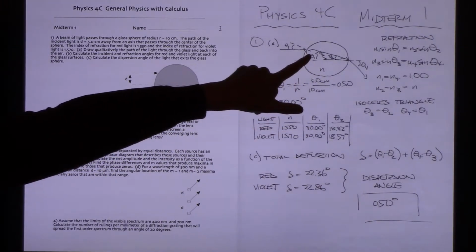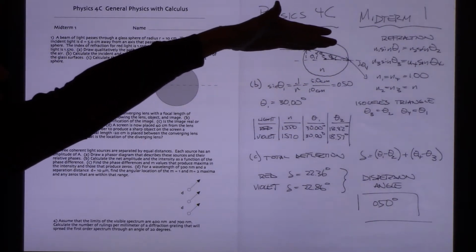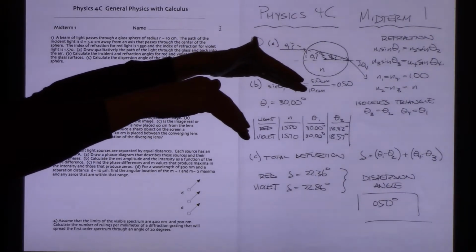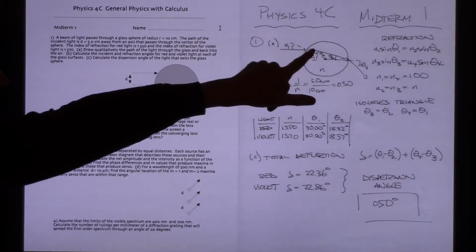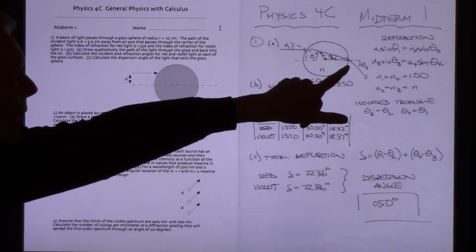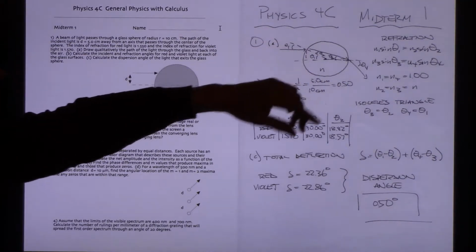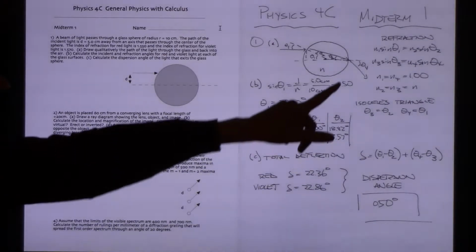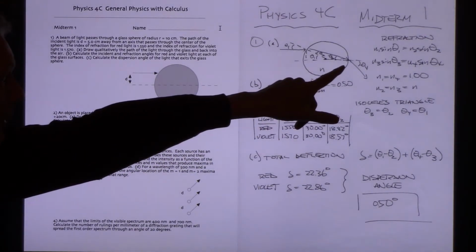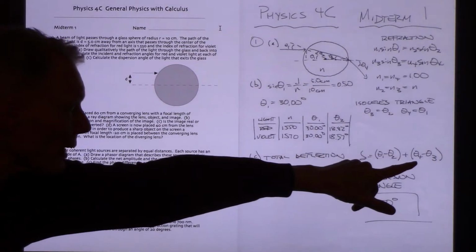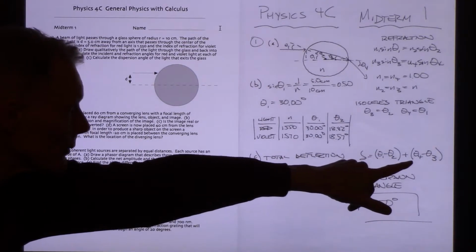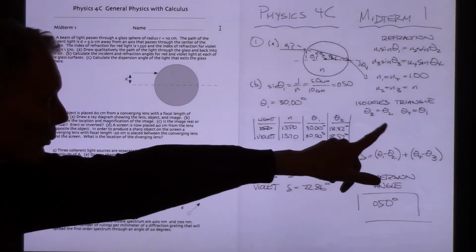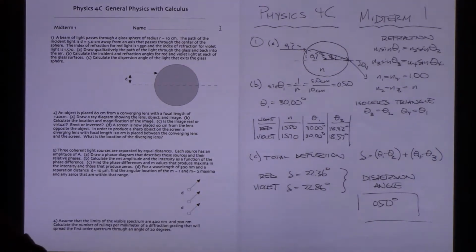Compared with the light coming in, that path is bent downwards by theta 1 minus theta 2. At the other refraction, I'm also going to have an additional deflection of theta 4 minus theta 3, which is the same thing as theta 1 minus theta 2.